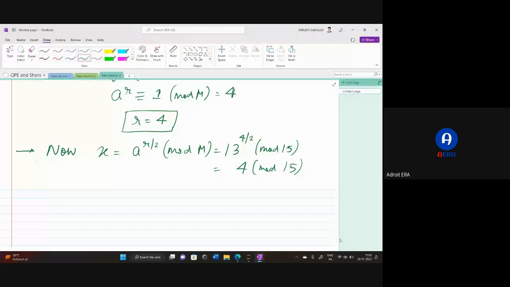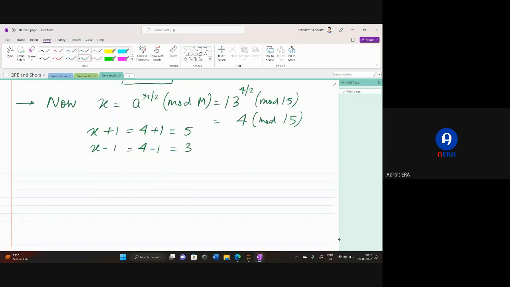So what we are going to do is take the x plus 1 value, which is 4 plus 1, and that becomes 5, and x minus 1 will be 4 minus 1, which is equal to 3. So we are going to use these two values.